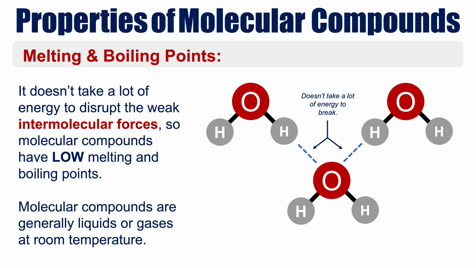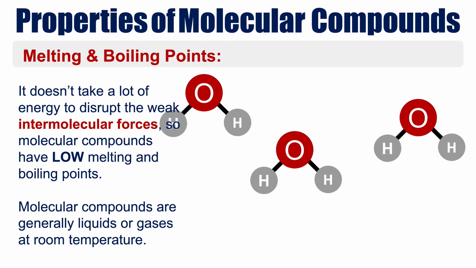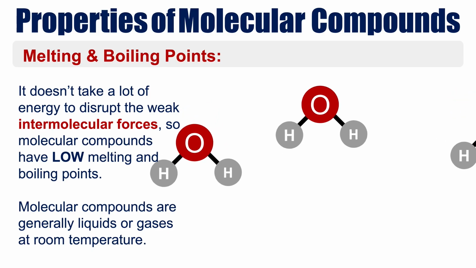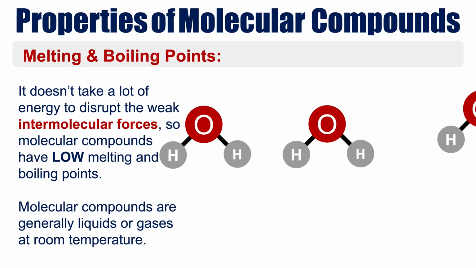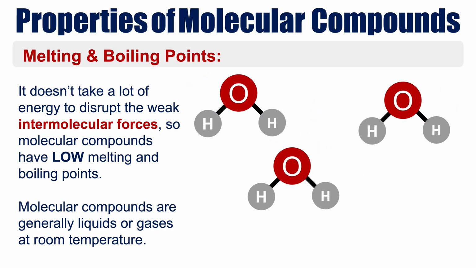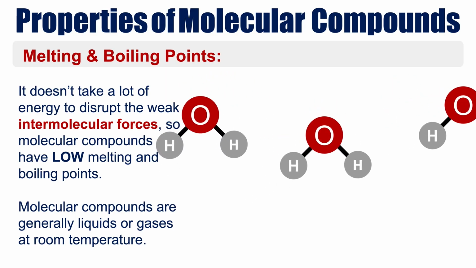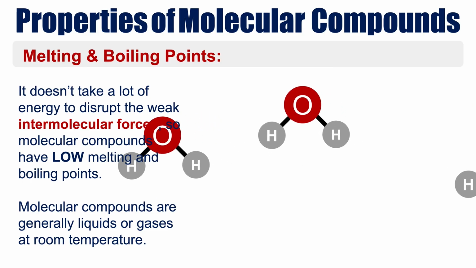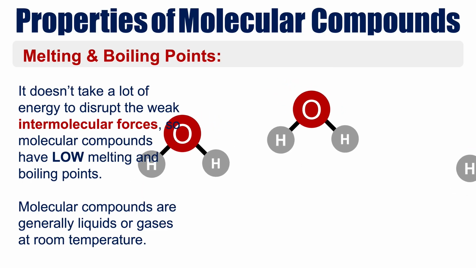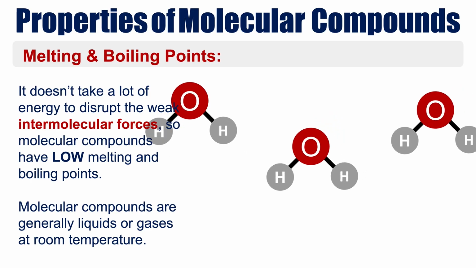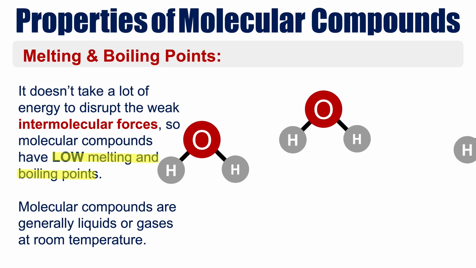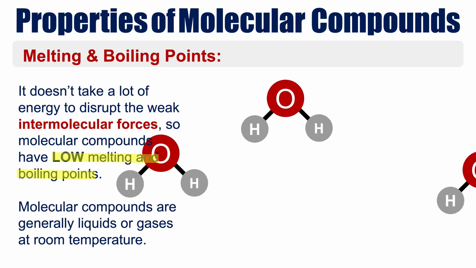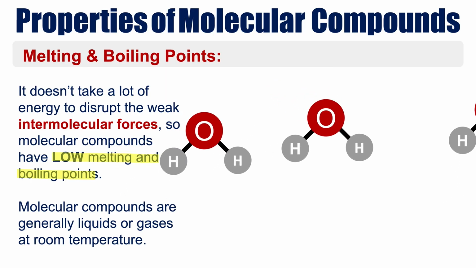As a result, a lot of molecular compounds exist as liquids or gases at room temperature. Think of water, a liquid at room temperature, and CO2, a gas at room temperature. It's easy to disrupt these weak intermolecular forces. So molecular compounds have low melting points and low boiling points.